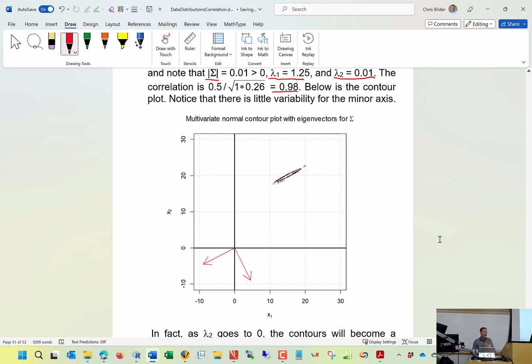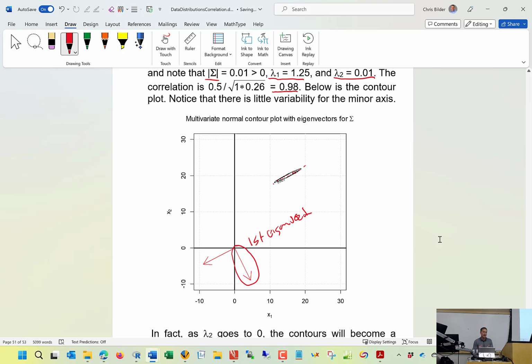Now, you could plot the corresponding eigenvectors, and that's what I did there. Is it alarming at all that this has changed directions? This is for the first eigenvector. It shouldn't be alarming, because remember, you can simply rescale eigenvectors, and that was actually part of a problem on the last quiz.